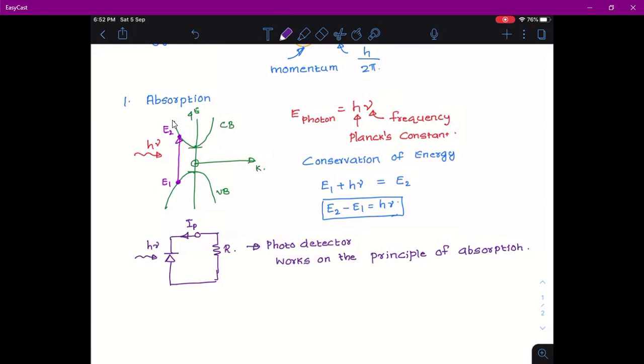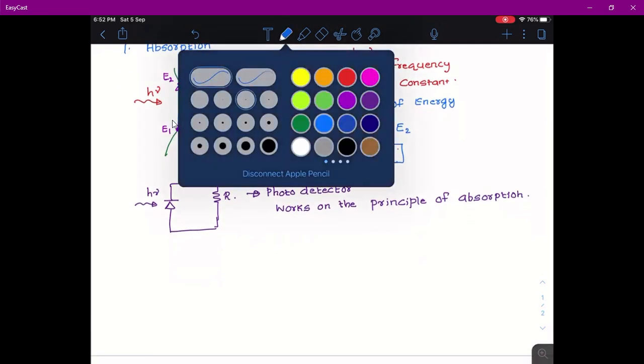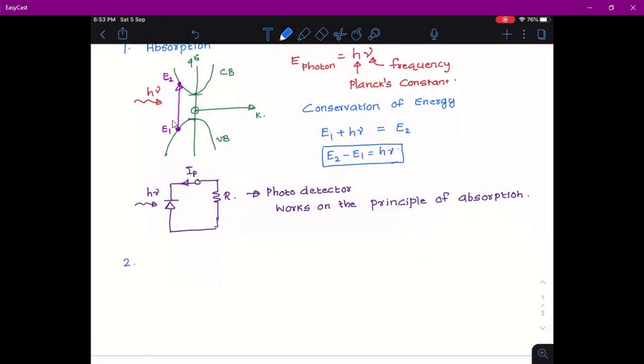Okay. Now, if you look at the next scenario, which is emission, it has two parts. One is called spontaneous emission, and the other is stimulated emission.